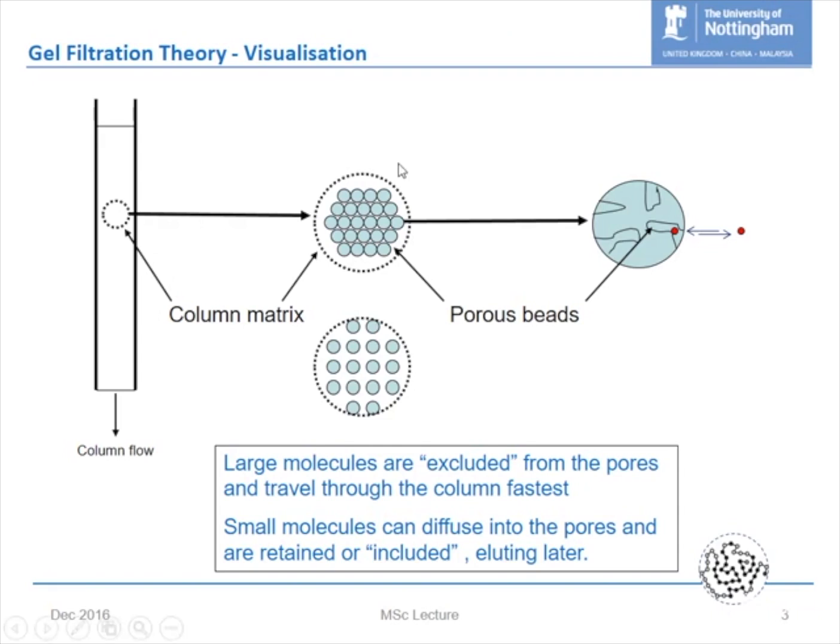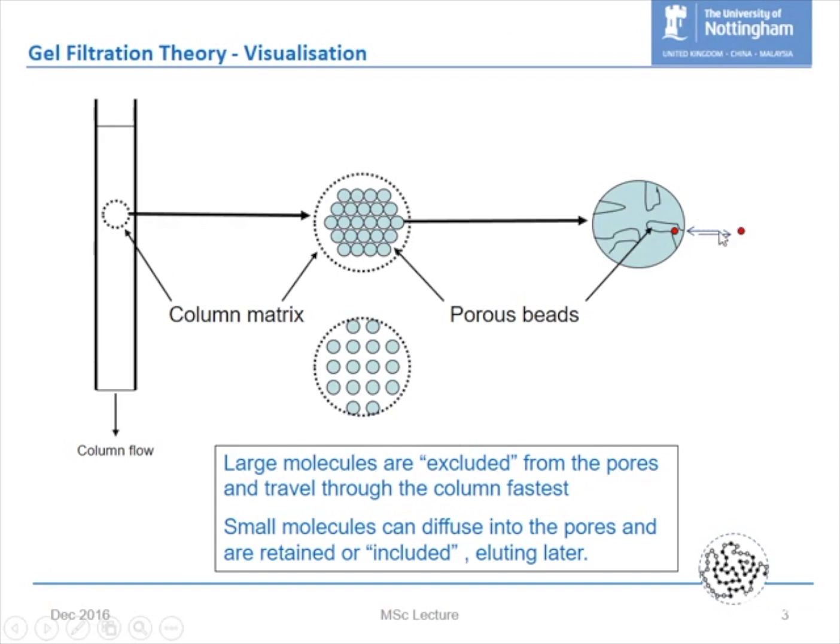If we focus on this interstitial space here, we've got flow coming in at that point there, and its interaction with the gel beads is similar to what I depicted previously with the wall-coated open tubular column. The difference here is that now we've got a particle with a particular pore available to it, and we get this distribution, this partition.